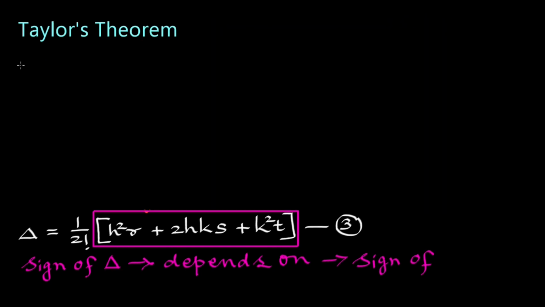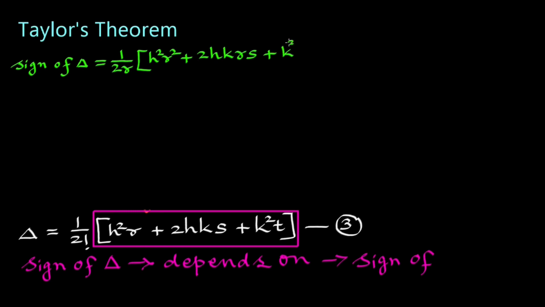So now sign of delta equals 1 upon 2r. Taking 1 upon r common, statement 3 becomes h square r square plus 2hkrs plus k square rt. By using these two terms, we will create a perfect square expression h square r square plus 2hkrs.